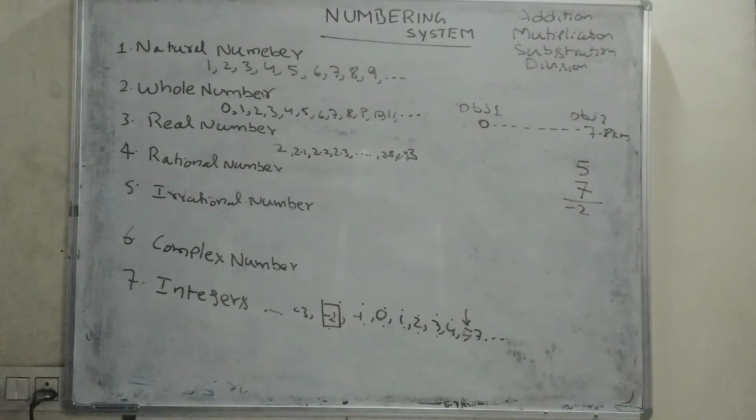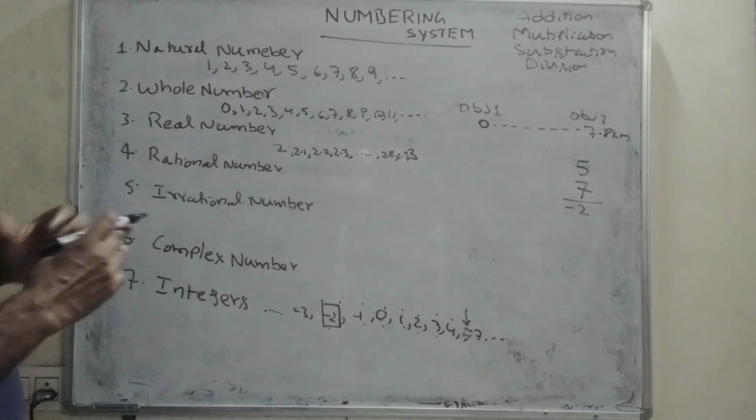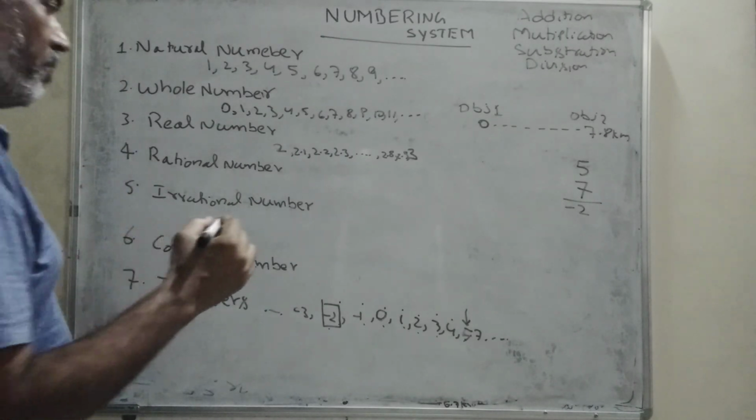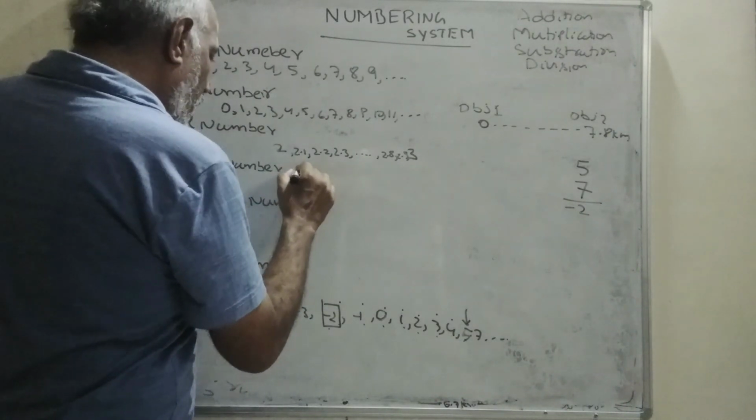Now, what is a rational number? A rational number is a ratio of numerator to denominator. For example, I have the number 24.